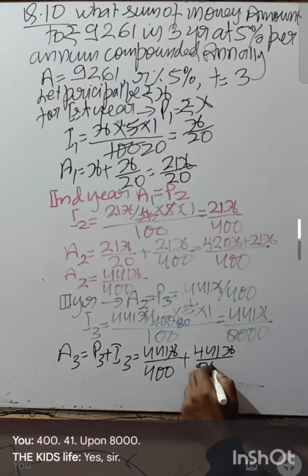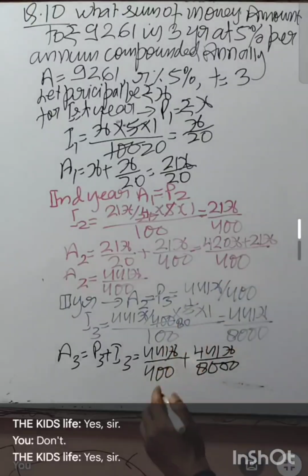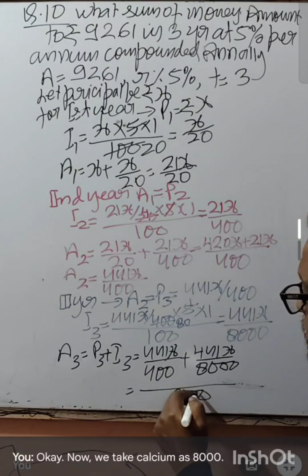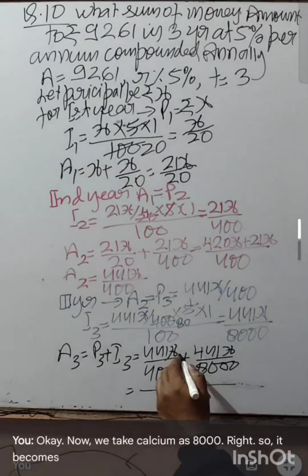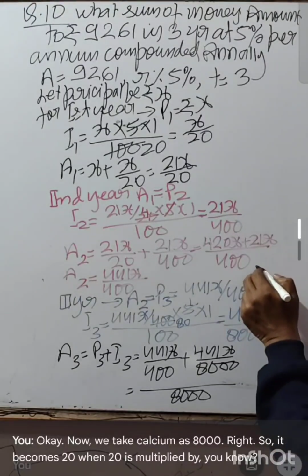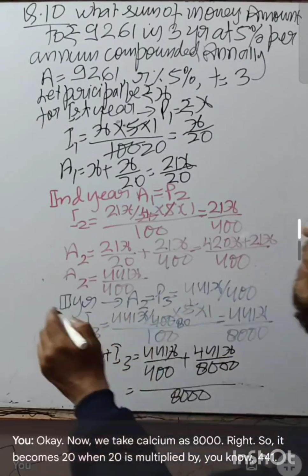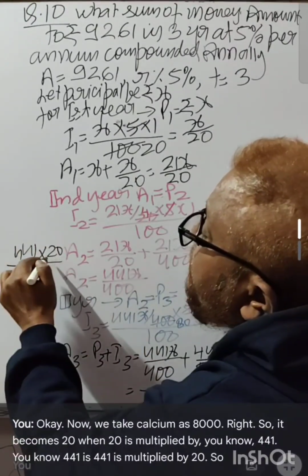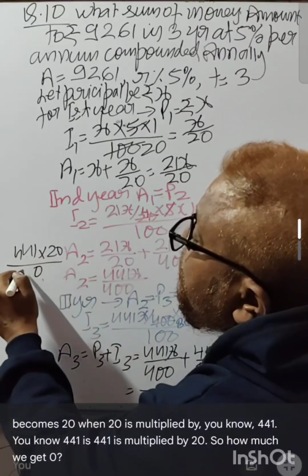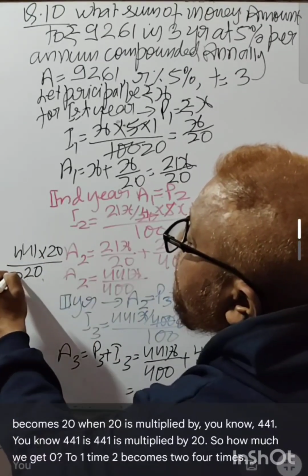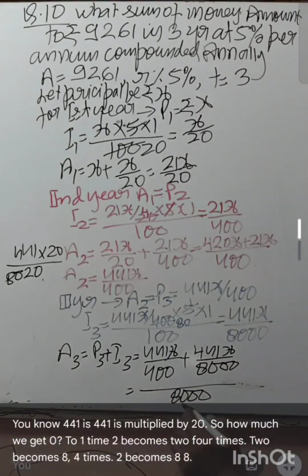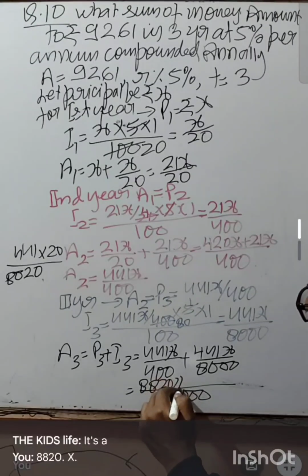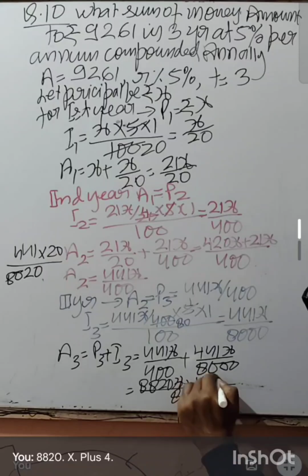Now we take LCM as 8,000, so it becomes 20 multiplied by 441, which is 8820x, plus 441x.